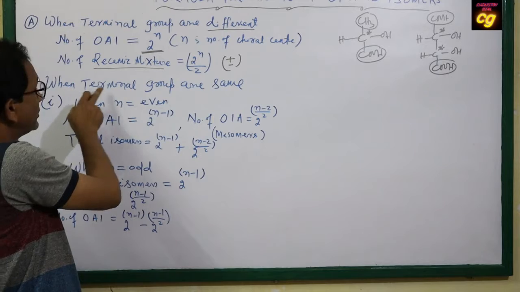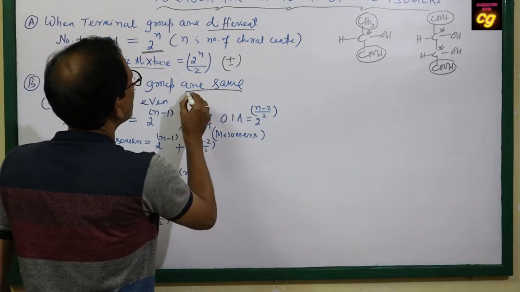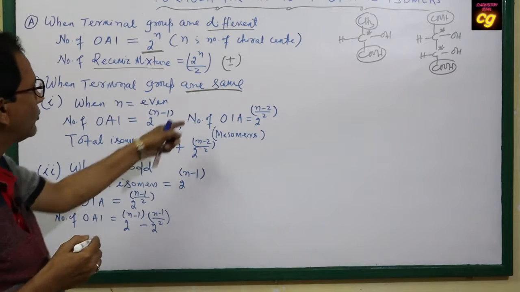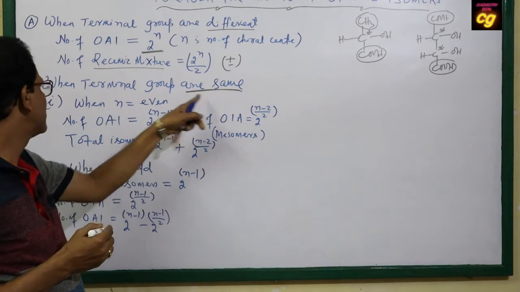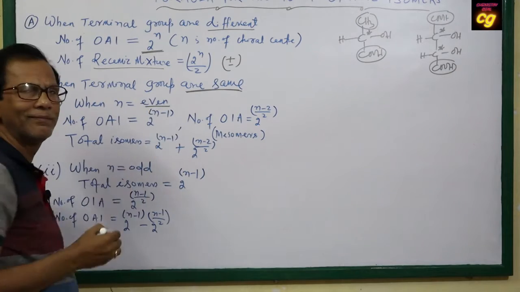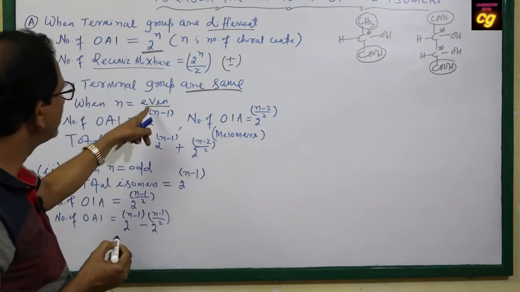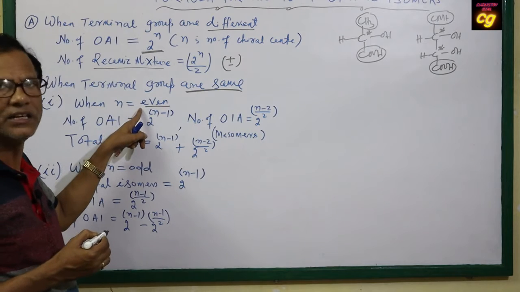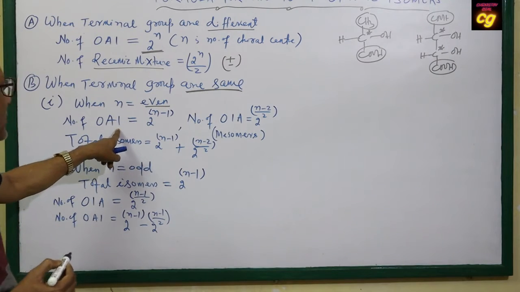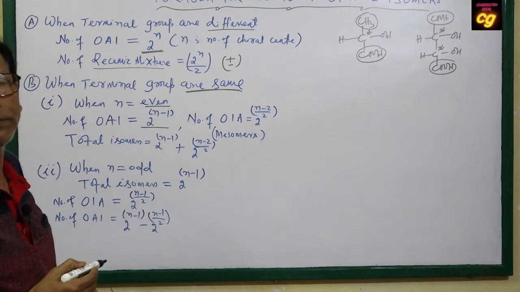Then when the terminal groups are the same, this is very important. When the terminal groups are the same, the formula used when n is even, if there is an even number of chiral centers, then the optically active isomers are 2 to the power n minus 1.